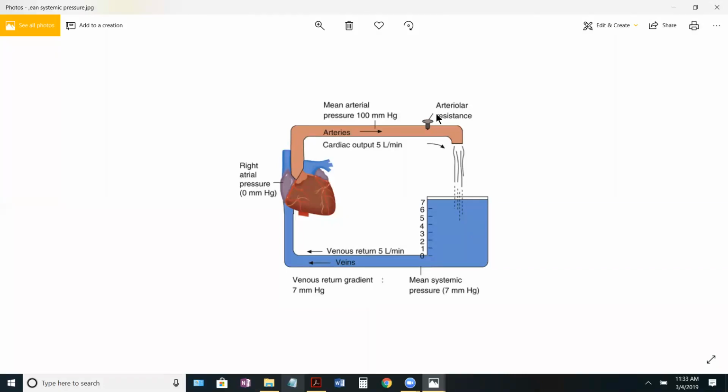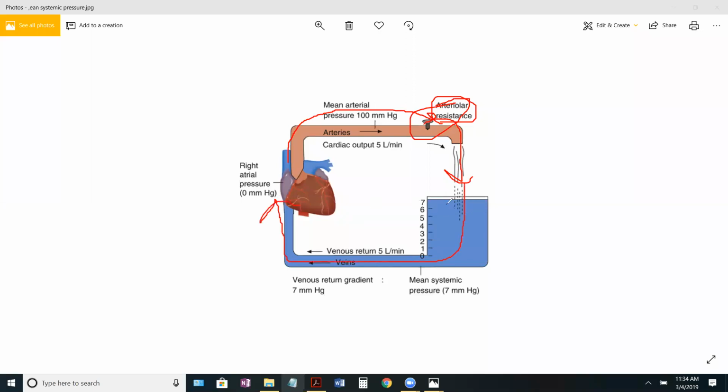So it's the arterioles that are the main area. What are arterioles? These are the smallest vessels just before the capillaries, and they provide the highest resistance in the circulation. So the heart has to overcome the arteriolar resistance so that the blood can be pushed through the capillaries, and then after the capillaries the blood can enter into the venous system.